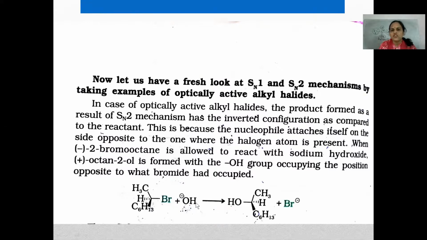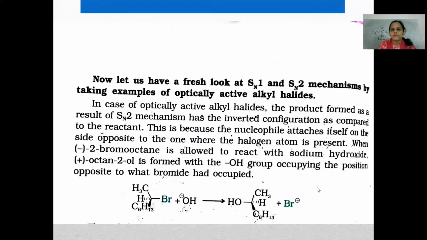This nucleophile OH minus will attack from the side opposite to that of the halide ion. It cannot attack from the same side. It attacks from the opposite side, and thus OH gets attached on the side opposite to the halide, and the halide ion is removed. Since the nucleophile attacks from the side opposite to the halide, you get inverted configuration products. So this is the mechanism behind SN2.